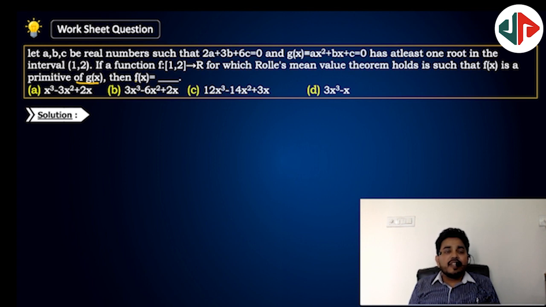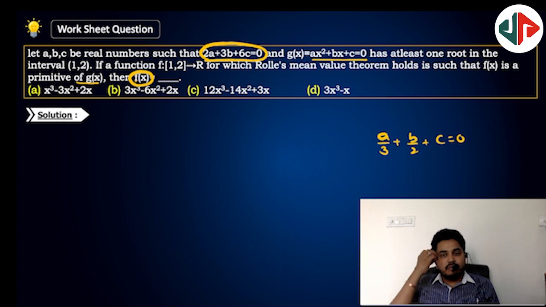Then f of x will be equal to, simply integrate g of x. Look here, 2a plus 3b plus 6c is equal to 0. I can write it as a by 3 plus b by 2 plus c is equal to 0.